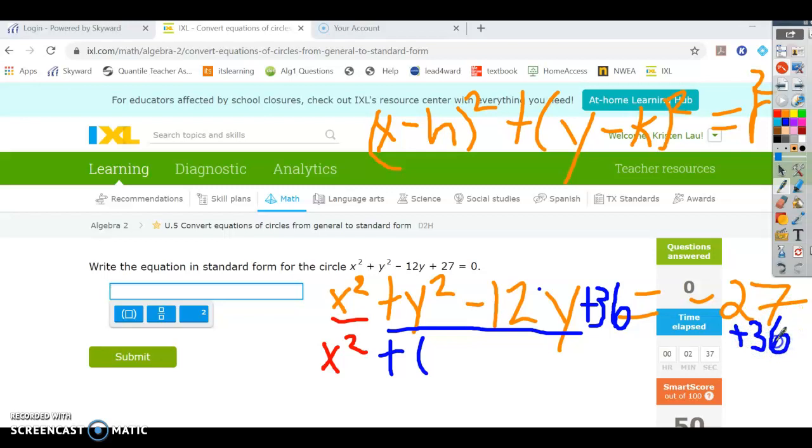Absolutely, add 36 also. So then when I factor y squared minus 12y plus 36, that's going to be y minus 6 squared equals negative 27 plus 36, which should be 9.